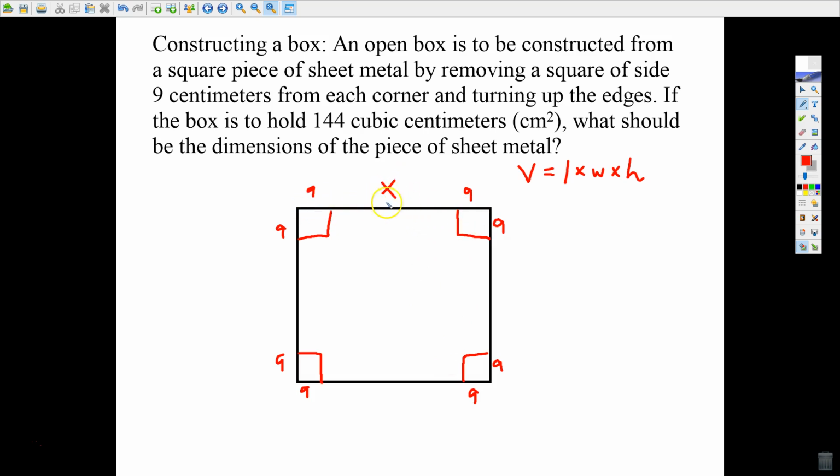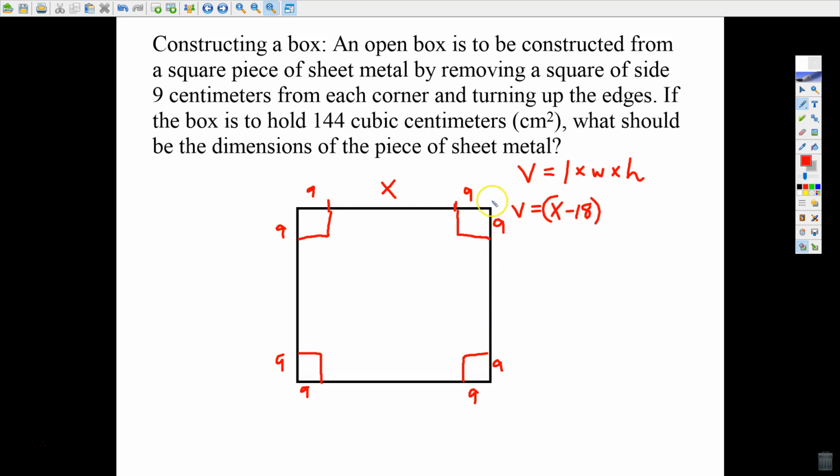If this entire side is called x, and I'm cutting off part of that side, the corners being removed, then if this is the width, width is going to be x minus 18. If the whole side is called x, then we're starting with x and removing 18 centimeters.